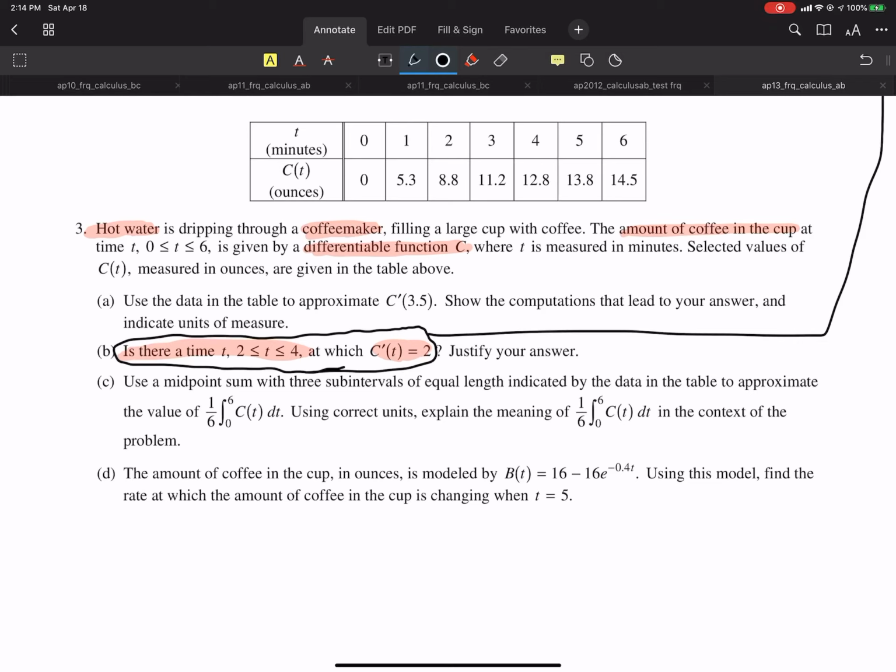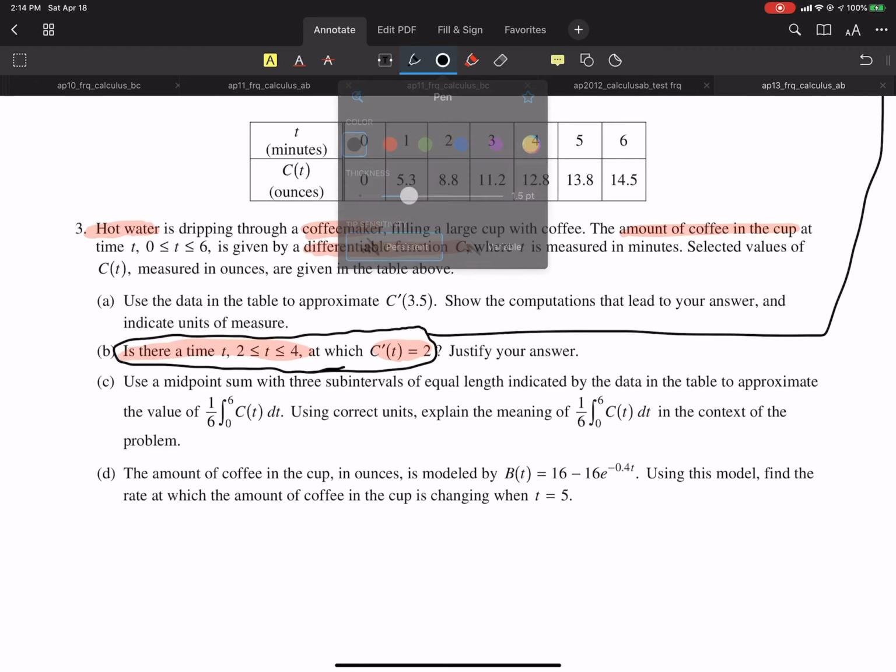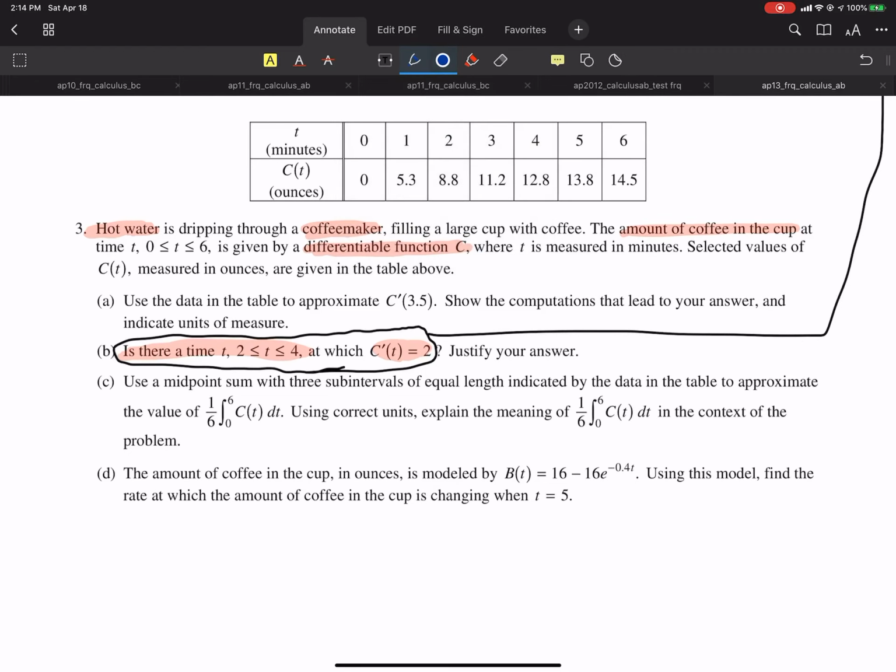So we are going from here to here, but they want 3 equal subintervals. So 6 divided by 3 is 2. So our first subinterval will be 0 to 2, our next 2 to 4, and then 4 to 6.